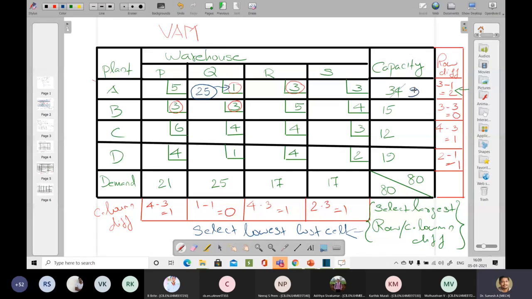Once Q gets eliminated, what is left out?